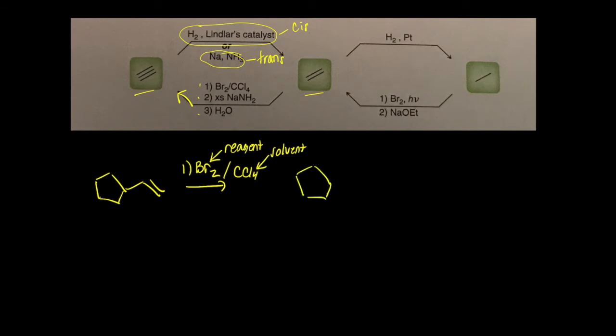So say, for example, we have this molecule here. And I want to treat it with 1, 2, 3. So let me go through what happens. Bromine is the reagent. Okay. CCl4 is just a solvent. Okay, it's a typical halogenated solvent. Anyway, so this forms the dibromo. Okay.